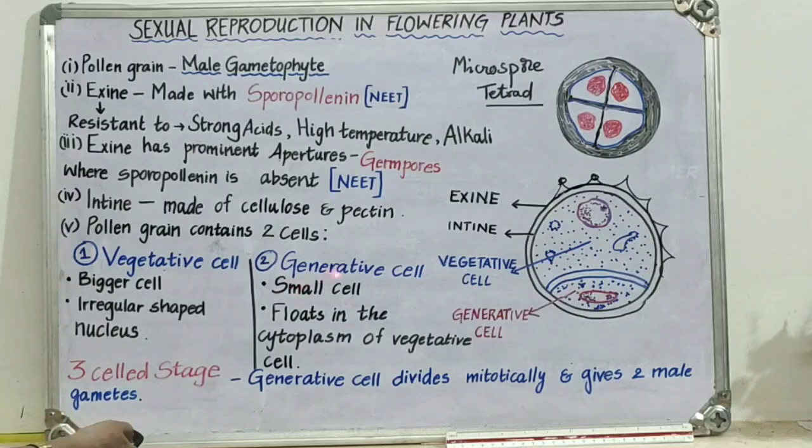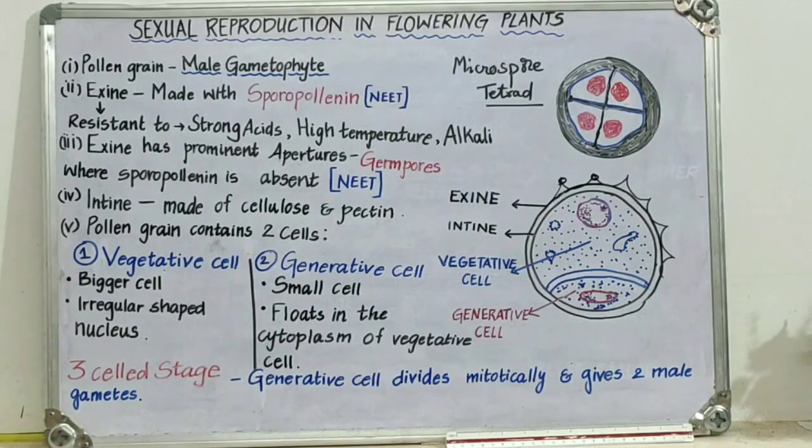Then if you come to the generative cell, it floats in the cytoplasm of the vegetative cell. That is the important point. Because of the small size of the generative cell, and because of the high amount of cytoplasm present in the vegetative cell, the generative cell floats in the cytoplasm of the vegetative cell.